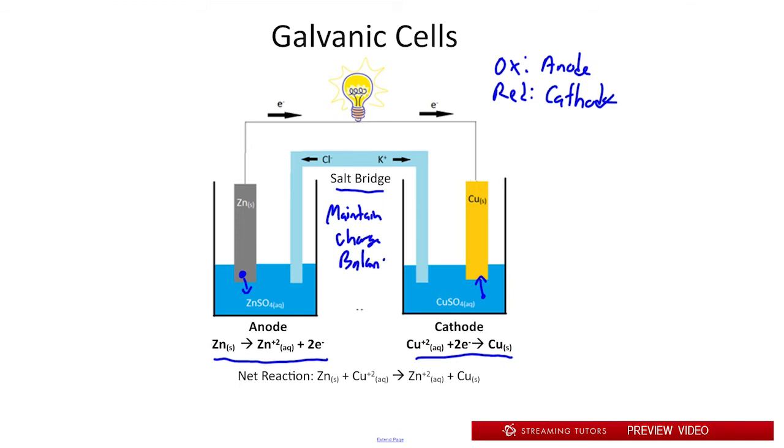What does that mean? So in the anode, we see that we're producing these extra new positive cations. So in order to maintain charge balance, some kind of negative anion, in this case chlorine, has to migrate into that solution in order to make sure that the charges remain balanced in it. And likewise, on the other side, in the cathode, we have that copper plus 2 is becoming copper metal.